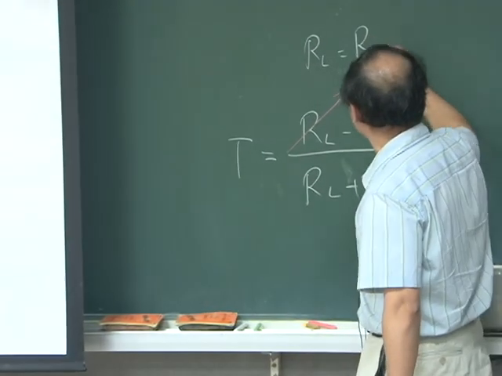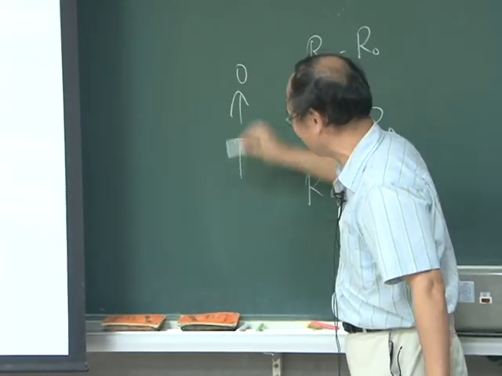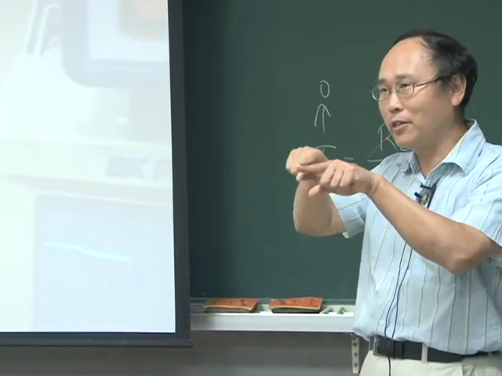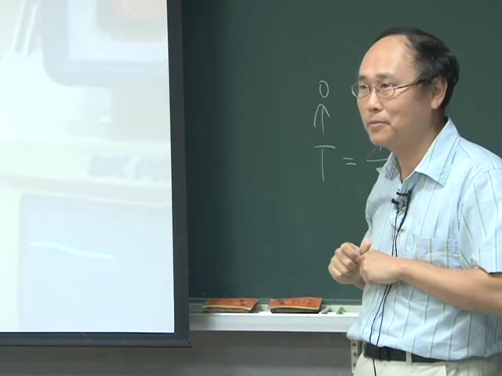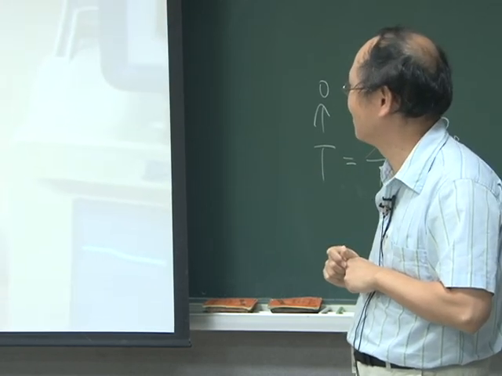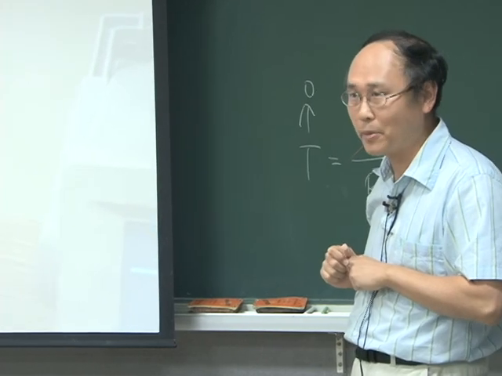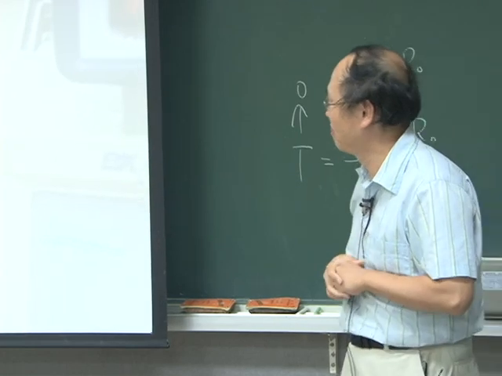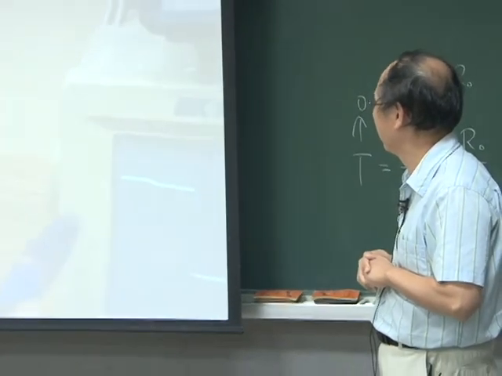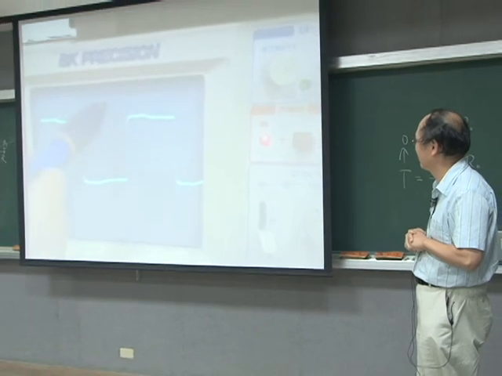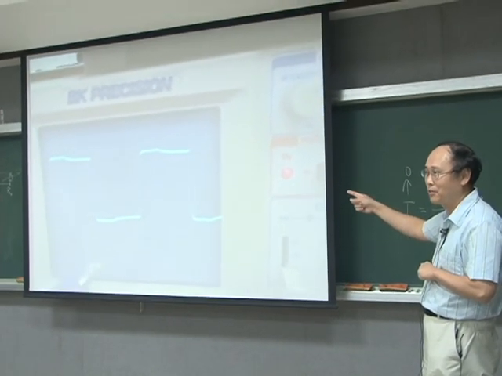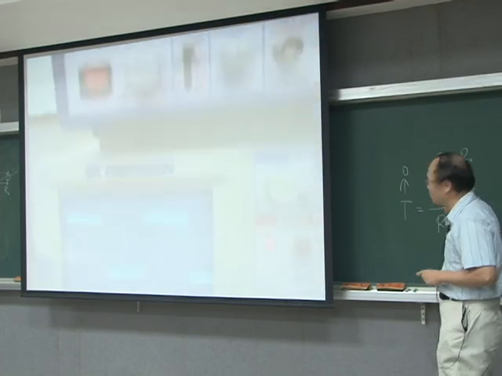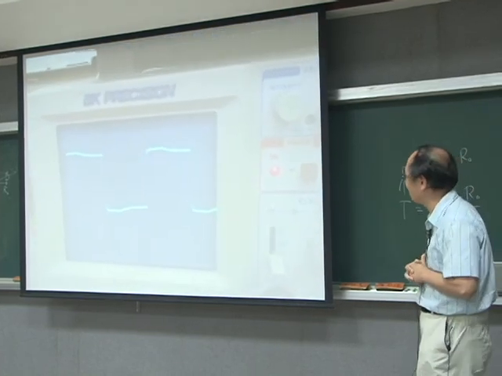RL equal to R0, then this can go to 0 without any reflection. Therefore, you can turn the signal back to square wave. And this is called impedance matching. All right, if you adjust this to be equal, so there's no reflection. So what you send in is totally delivered to the low resistor.